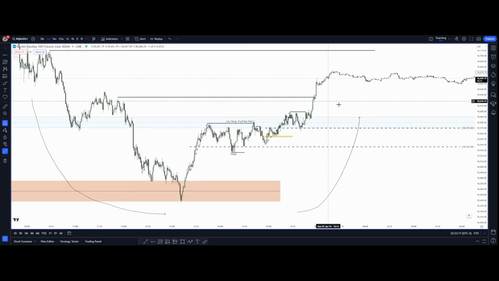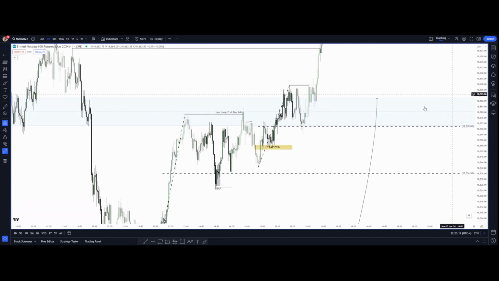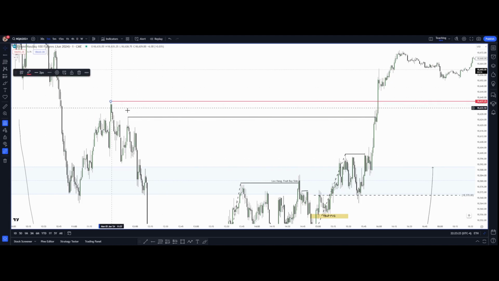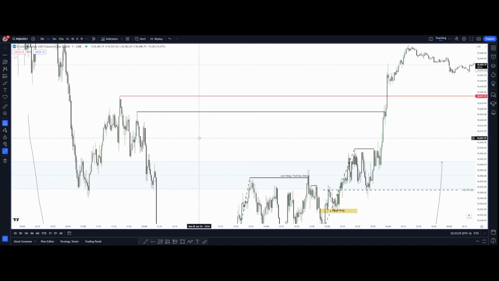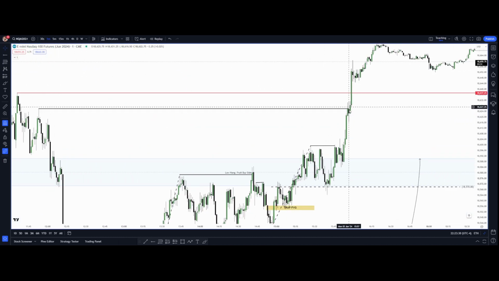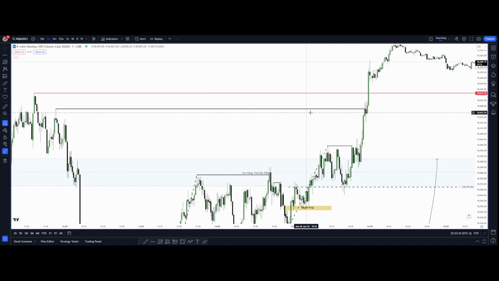Okay, as you can see, let me zoom in a little bit. So this is the SMT high. Then you have this external, or I don't see it as an external, but let's call it external for the sake of this conversation. If you look at the reactions, the reactions are always going to be from the SMT highs or SMT lows, okay? That is the ultimate target for the algorithm or algorithmic delivery, not the other ones.